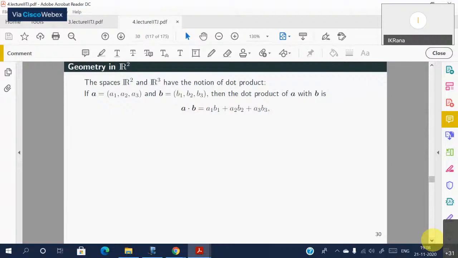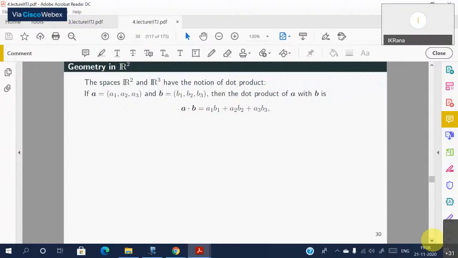So those transformations we have looked into. But there is something more to the geometry in R2 and R3 or even Rn. Geometry is not complete without angle, right? So not only are there distances, there are angles involved also.